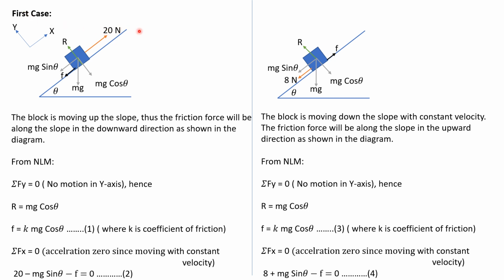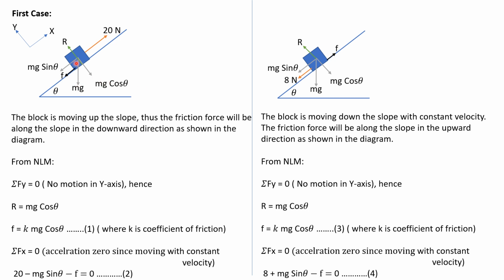So we made the free body diagram of the block when the block was getting pulled up along the slope with the force of 20 Newton. R is the reaction force provided by this slope surface on the block.